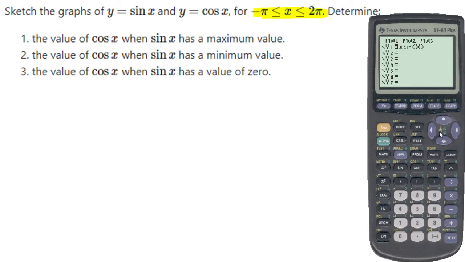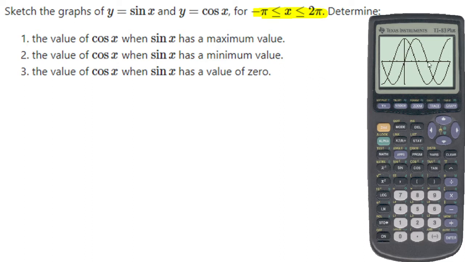Let's now add cosine. We graph it. There's our sine, here comes our cosine. And we can now see that when sine of 0 equals 0, cosine of 0 equals positive 1.